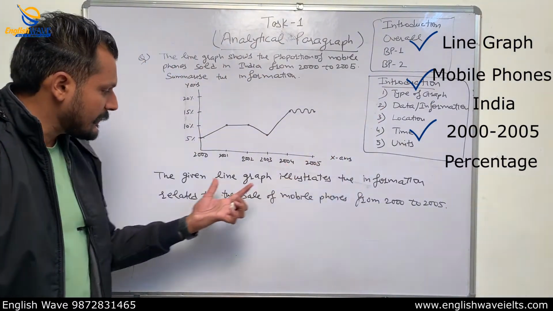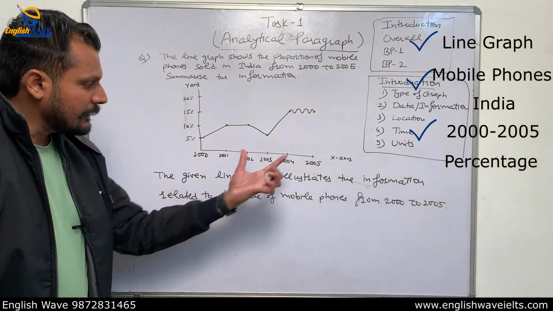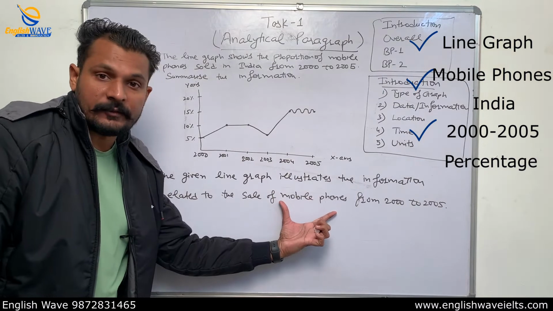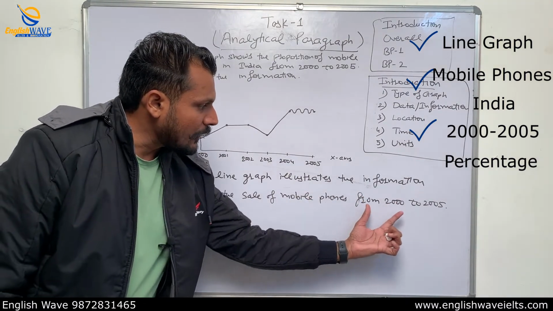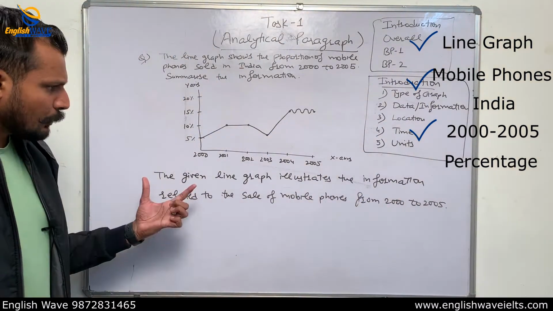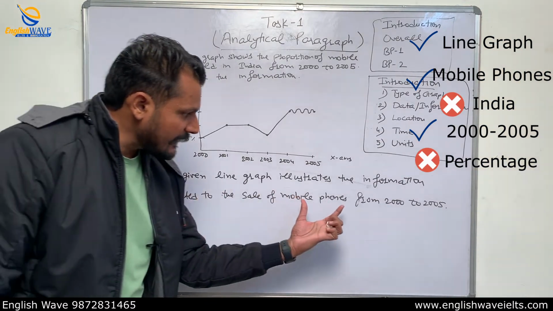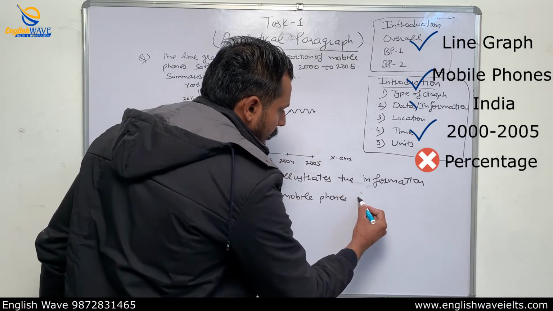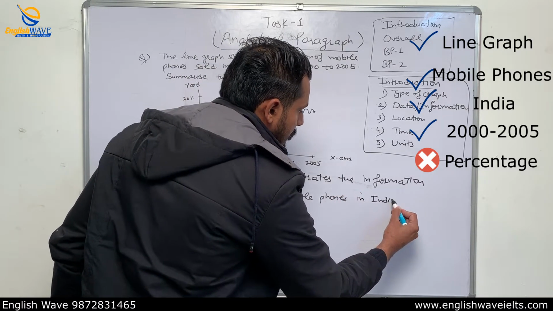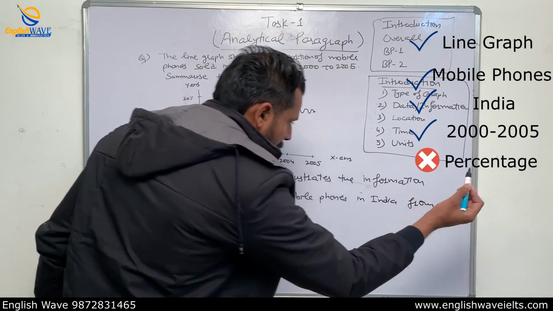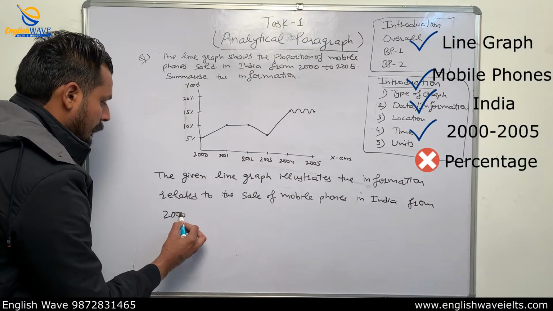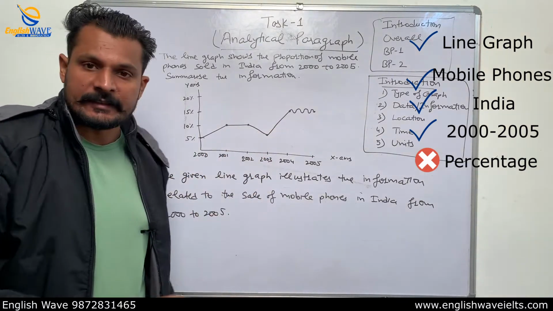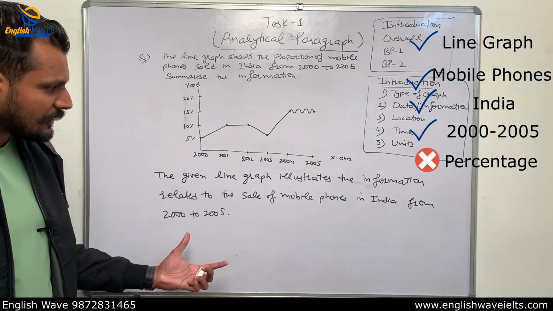What are these four things? Type of graph, that is line graph. Data or information related to sale of mobile phone. Timeline from 2000 to 2005. One thing more is missed here. Sale of mobile phones in India from 2000 to 2005. Now four things are already considered along with the location and time.